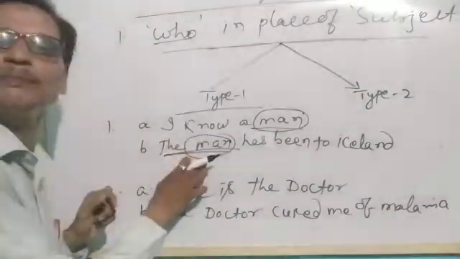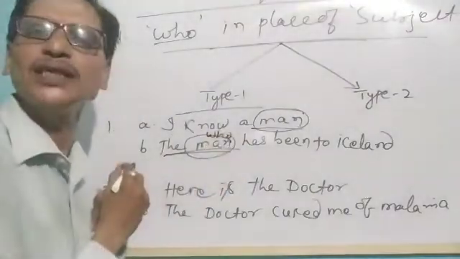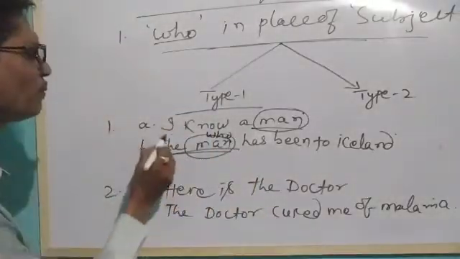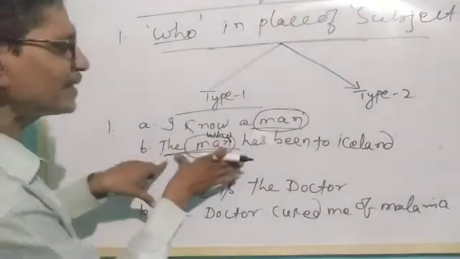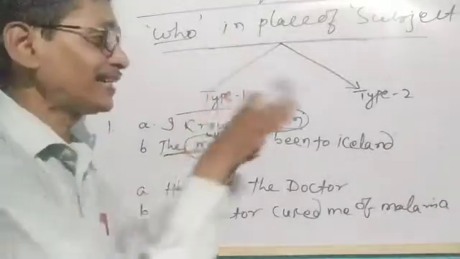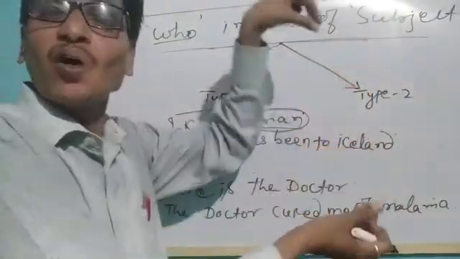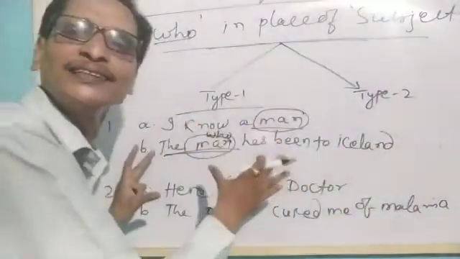Because it is a person, we can use who for this. How can we combine this? In type 1, we will take the second sentence and add it to the first sentence. In type 2, we take the first sentence and combine it with the second sentence. That we will discuss later on after understanding this.